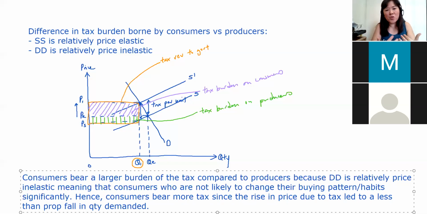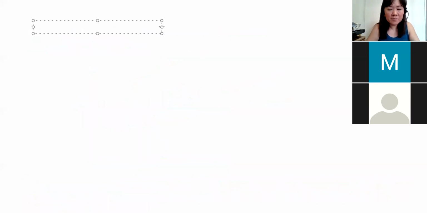That makes them not so responsive to the increase in the price; their response is less than proportionate. Because of that, they are likely to bear a greater portion of the tax, as compared to the sellers or producers, who are responsive to any price changes and therefore likely to respond more significantly than the consumers. Got it?